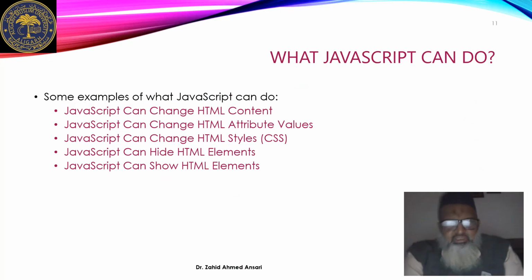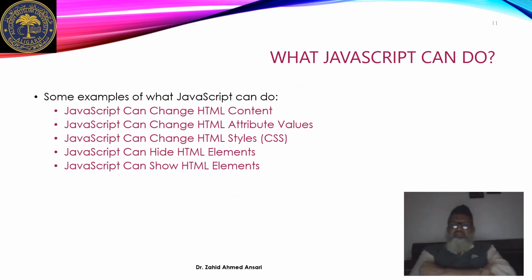What JavaScript can do, some of the examples we did, how to change the contents of an HTML element using JavaScript. Then how to change the HTML attribute values, and we changed the source of an image element.